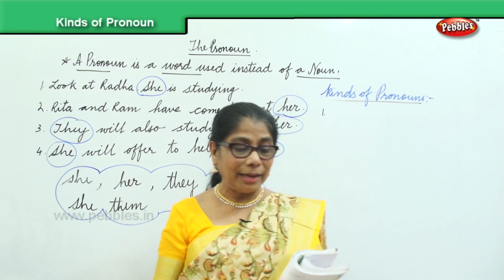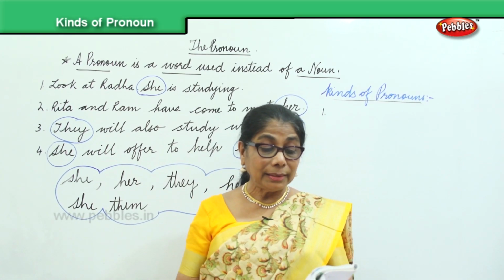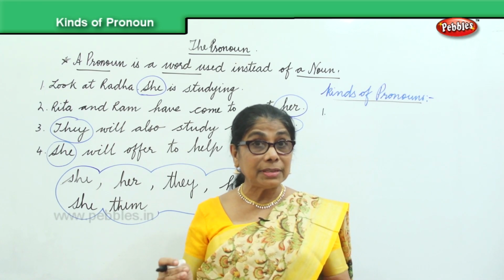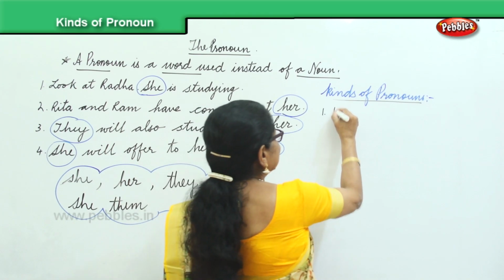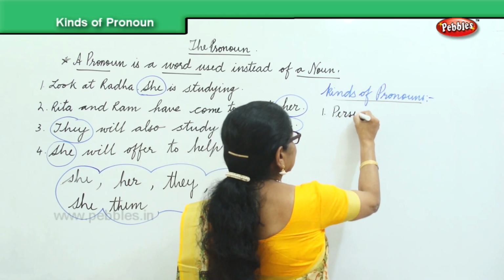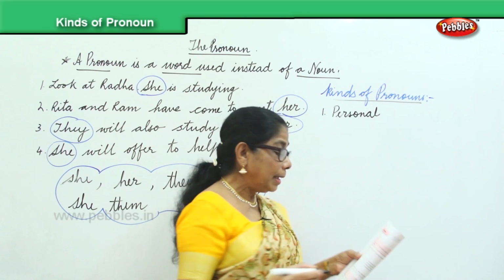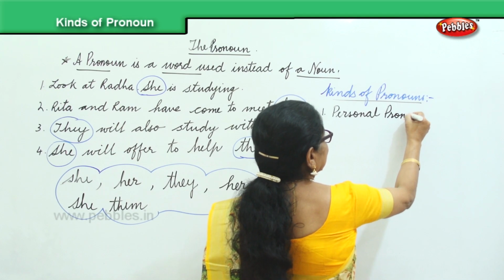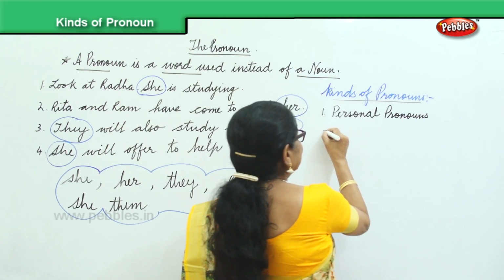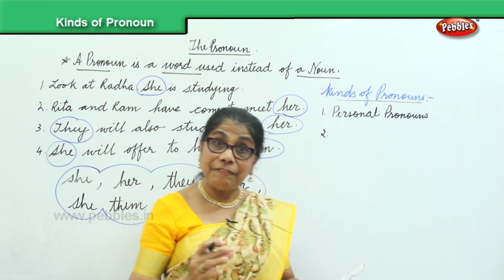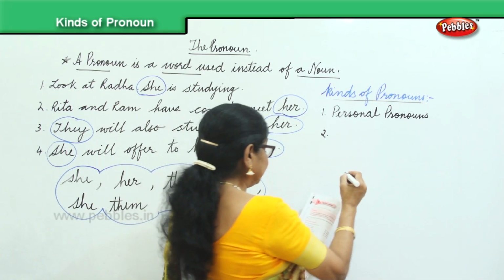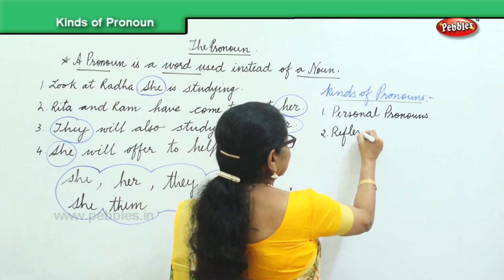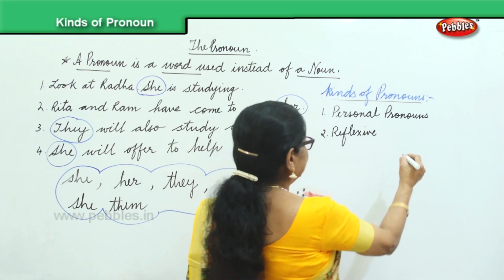The first of these kinds is the personal pronoun. There are 9 kinds of pronouns. The first is the personal pronoun. The second is the reflexive pronoun.